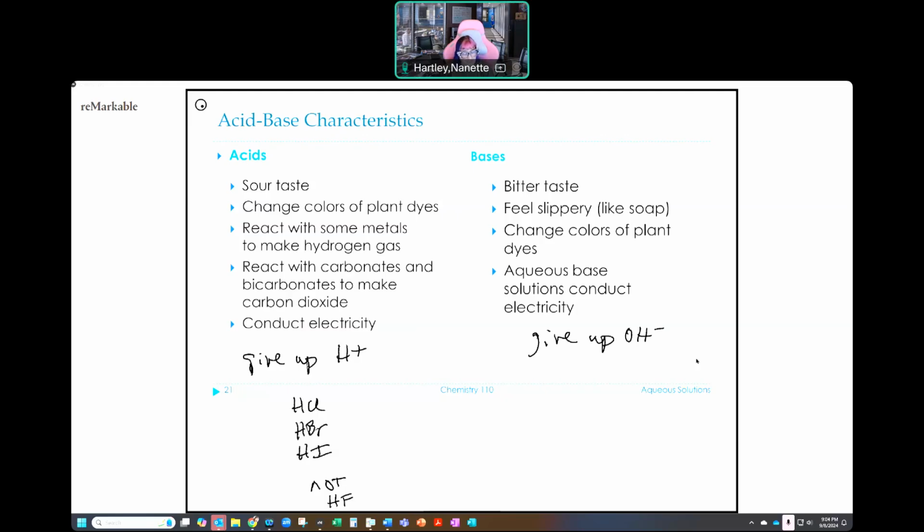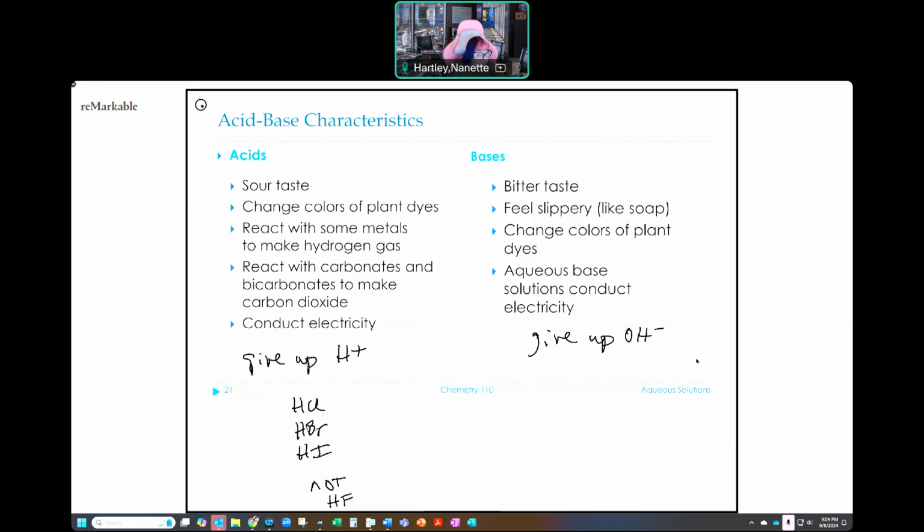Our bases tend to feel bitter, and that's because the soaps that we typically have known in the past have been made from lye, which is sodium hydroxide. So they tend to feel slippery, like soap. They do have bitter taste if you happen to eat one. They don't taste so great. They do change colors of plant dyes too, so not very helpful in identifying them.